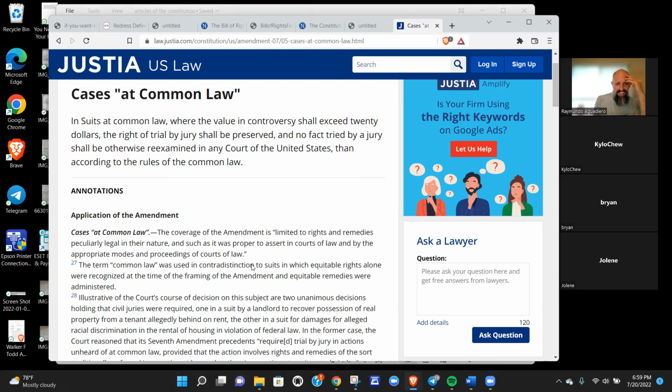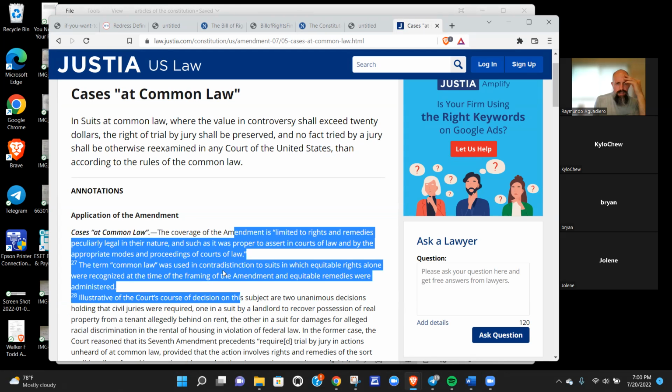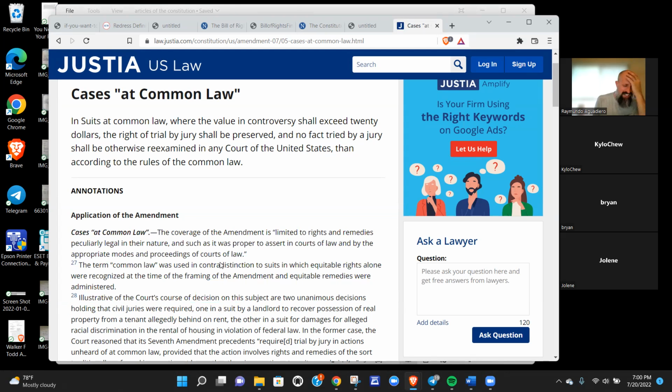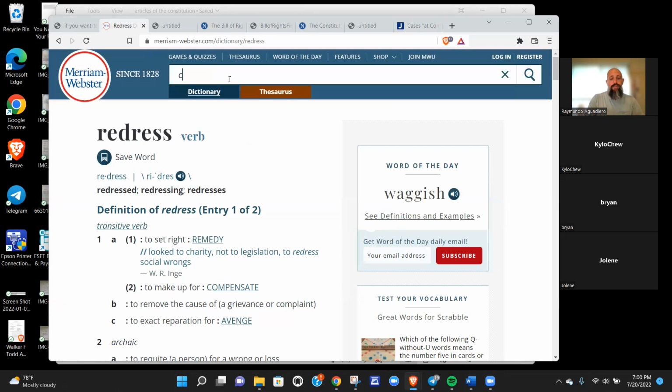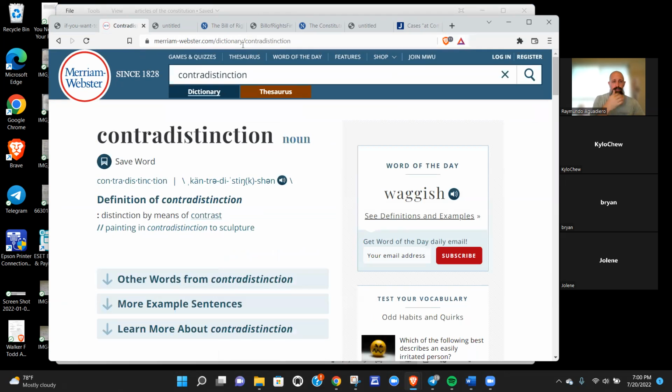Contradistinction. Does anybody know this is a word? Contradistinction. I'm Googling it. Oh, contrast. How about that?